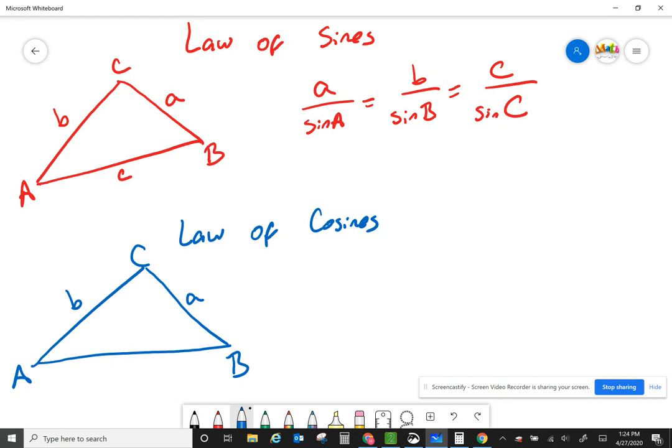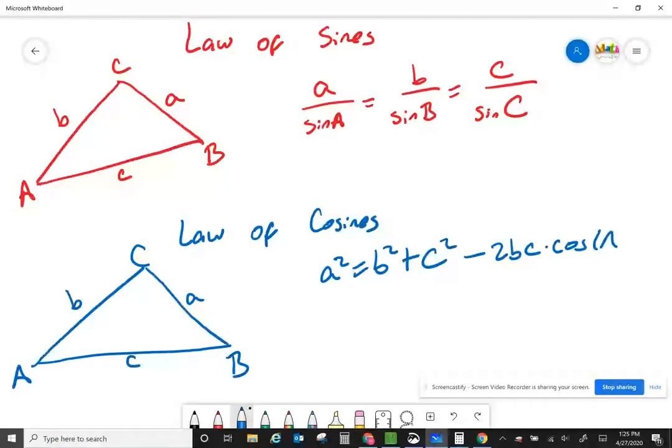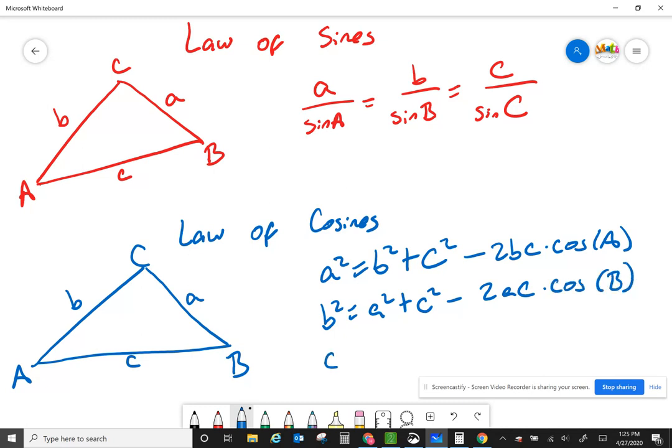Side b is opposite from angle B, and side c is opposite from angle C. Now, the law of cosines says a squared is equal to b squared plus c squared minus 2 times b times c times cosine of A. We also have that b squared is equal to a squared plus c squared minus 2 times a times c times cosine of B. And lastly, another way we can use this is c squared is equal to a squared plus b squared minus 2 times a times b times cosine of C.